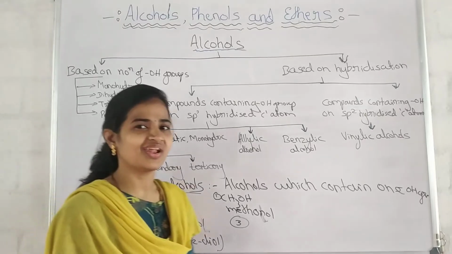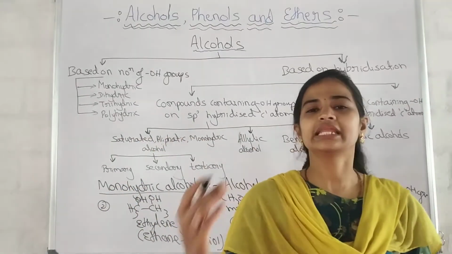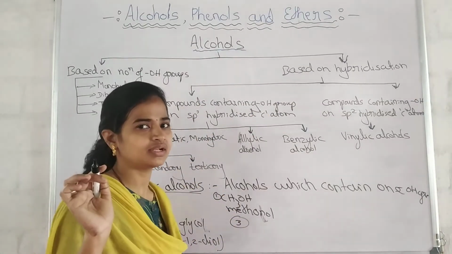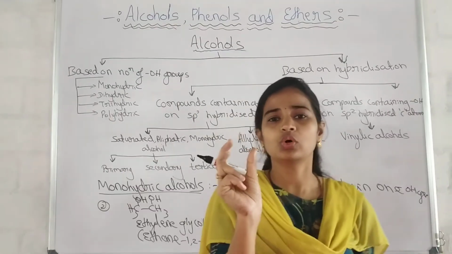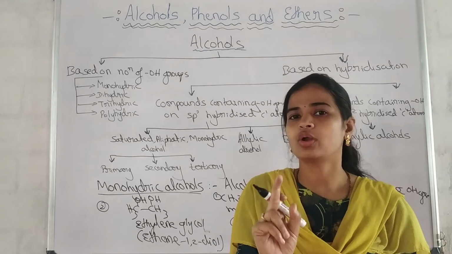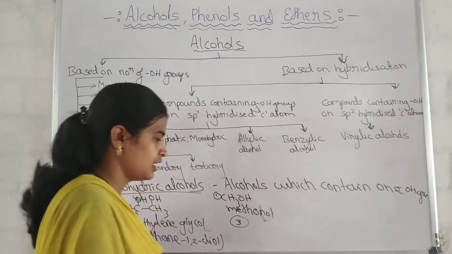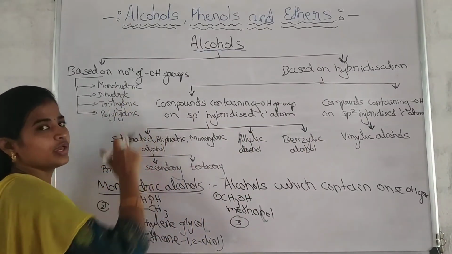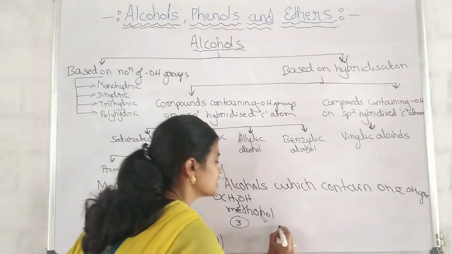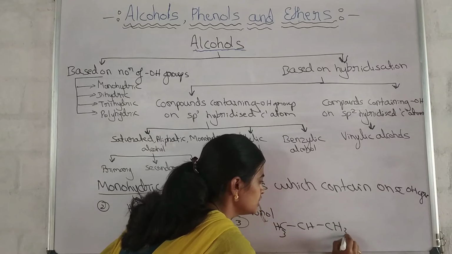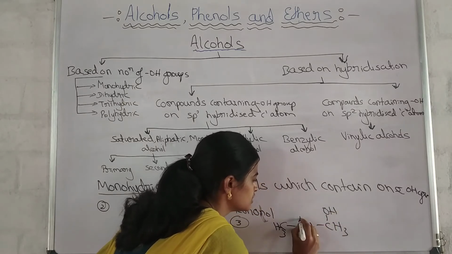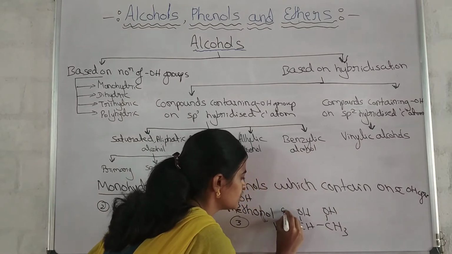What are trihydric alcohols? Alcohols containing 3 OH groups. Remember, please, and the only thing you should know is that more than one OH group cannot be attached to a single carbon atom. Alcohols containing 3 OH groups are called trihydric alcohols. Example: CH2OH, CHOH, CH2OH, with 1 OH, 2 OH, 3 OH.